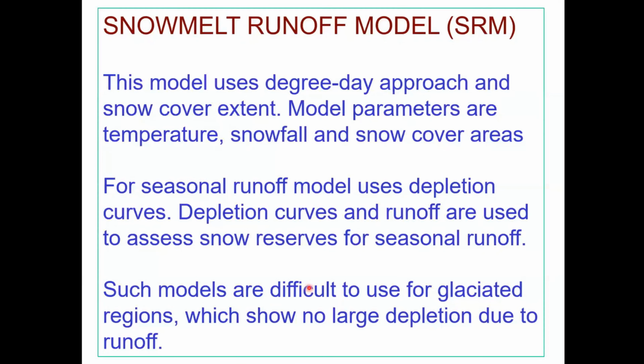That means it's very marginal. If at all glacial retreat takes place, it is only a marginal retreat in a year, not significant compared to snow, because we know almost 80% to 100% snow cover will change in one winter in the Hindu-Kush Himalaya region, and in glaciers there is no change in area.